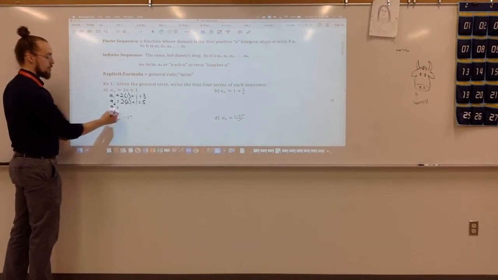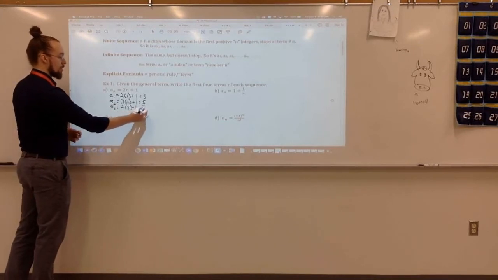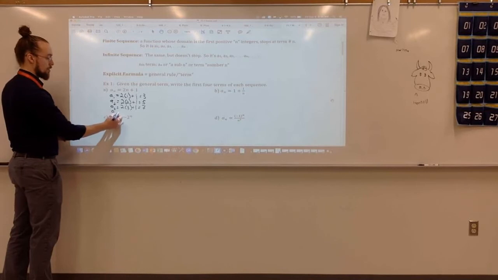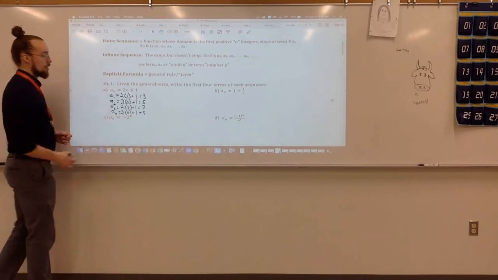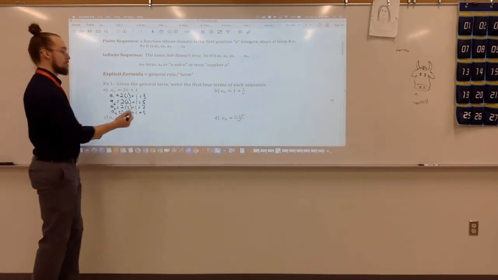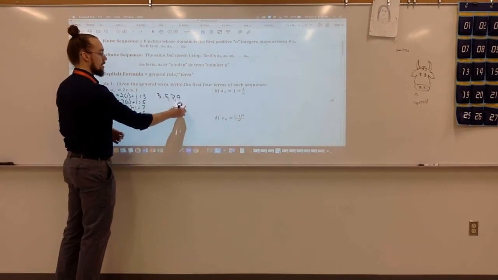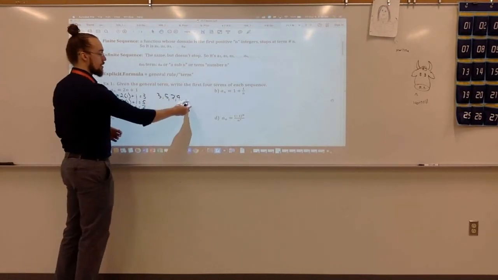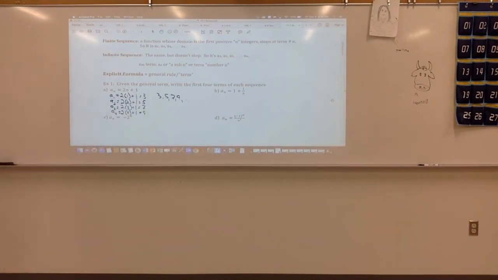A sub 3, which would be the third term, would be 2 times 3 plus 1. And the fourth term, 2 times 4 plus 1. So the first 4 terms in the sequence would just be 3, 5, 7, 9. Technically this would keep going, but we just want to list out the first 4 terms.